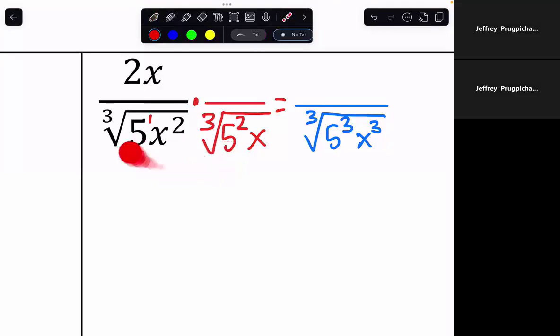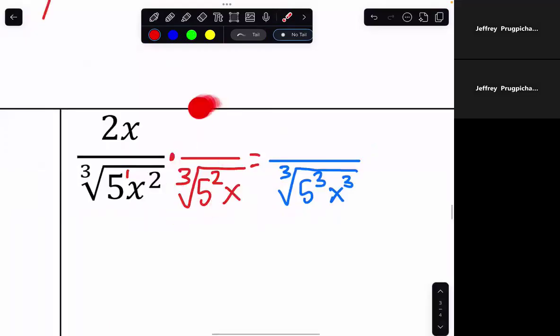Again, make sure you understand where this part comes from. It's the missing pieces that take the original denominator into the goal. The original denominator is only a single 5, so you need 2 more 5s to get to 5 cubed. The original denominator already had x squared, so it only needs 1 extra x to become x cubed.